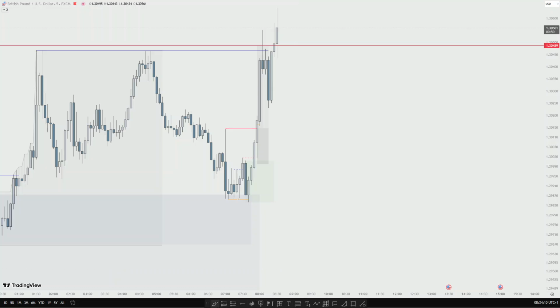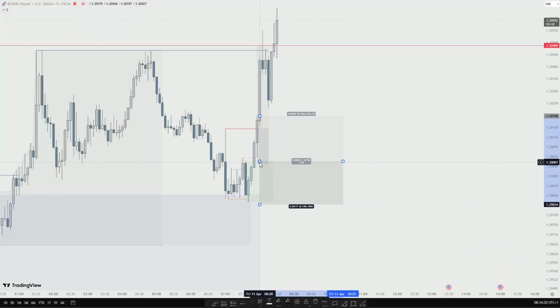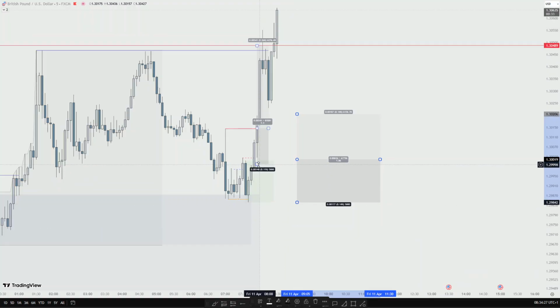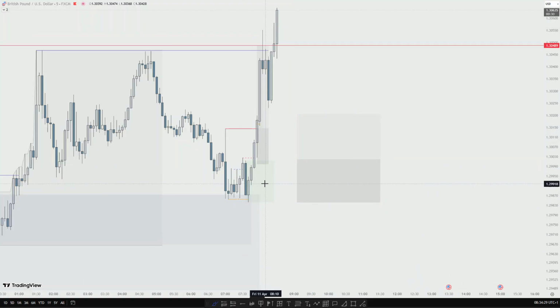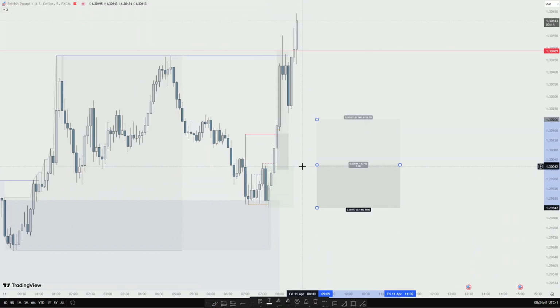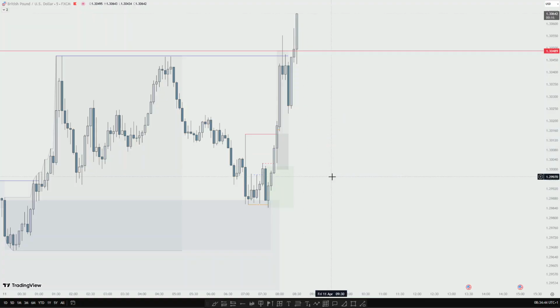So what I did was, on this choch, this POI was created, so I took a limit order on this M5 POI, sorry for my English, but price didn't tag me, and I can see that a strong rejection is coming from this M5 POI, right? I set my order on that POI, which didn't tag me in.